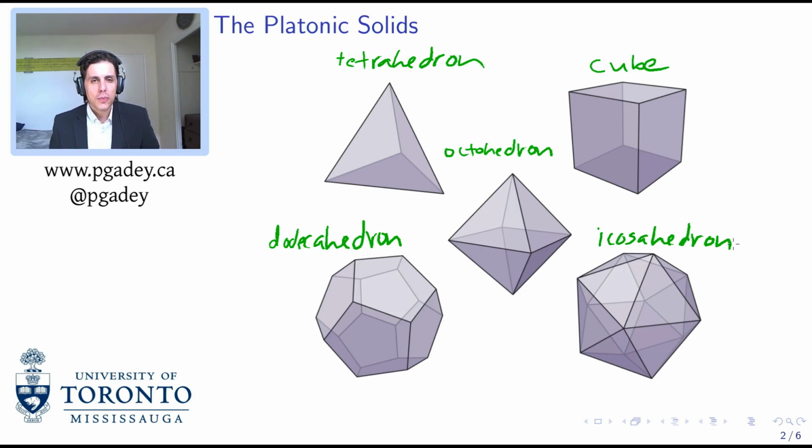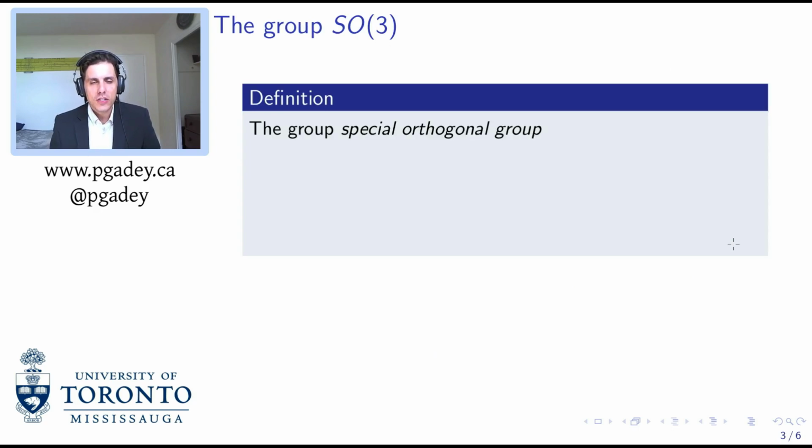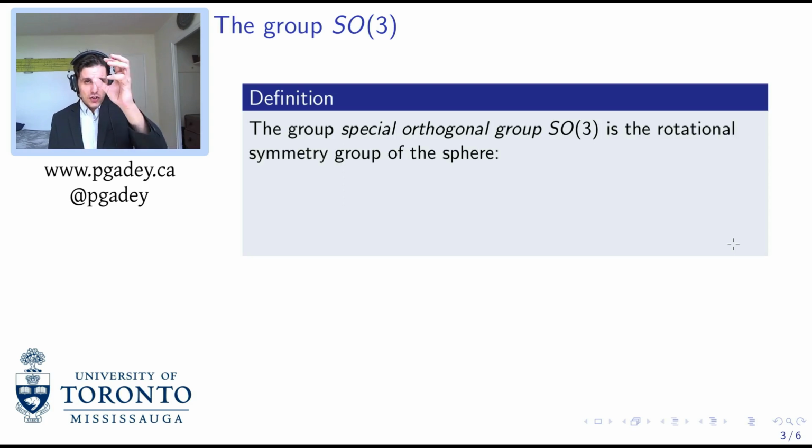We're going to talk about the group SO3. The special orthogonal group is a special collection of matrices that preserve the relationship of orthogonality. We write it SO3 to keep track of the fact that we're looking at transformations of 3-dimensional space. And this is the rotational symmetry group of the sphere. So we have a sphere and we can rotate it and stay inside of SO3.